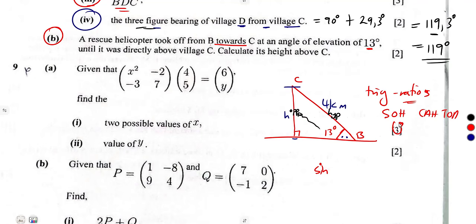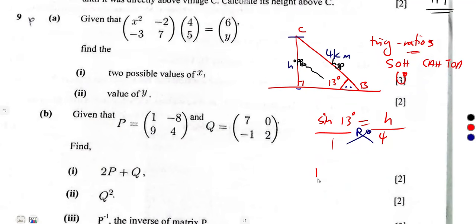The sine of theta angle is equal to opposite over hypotenuse. Opposite is h. Hypotenuse is 4 kilometers. So solve for h. Simply cross multiply: h equals 4 times the sine of 13 degrees.